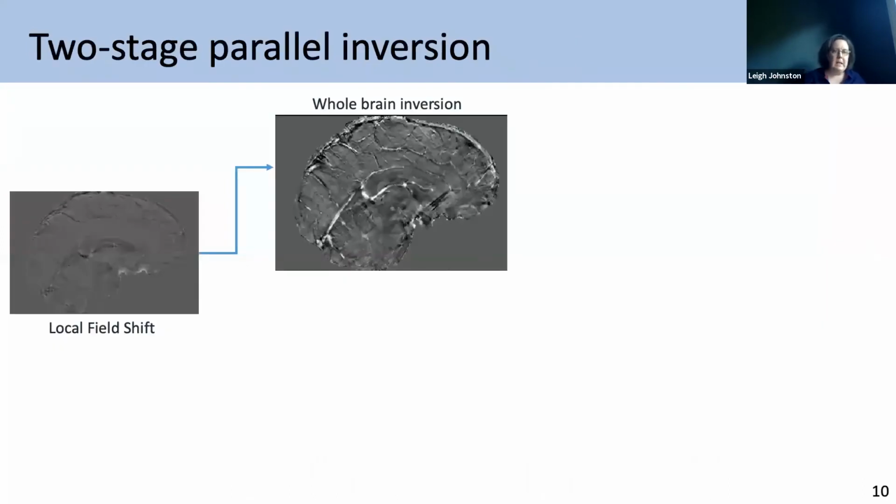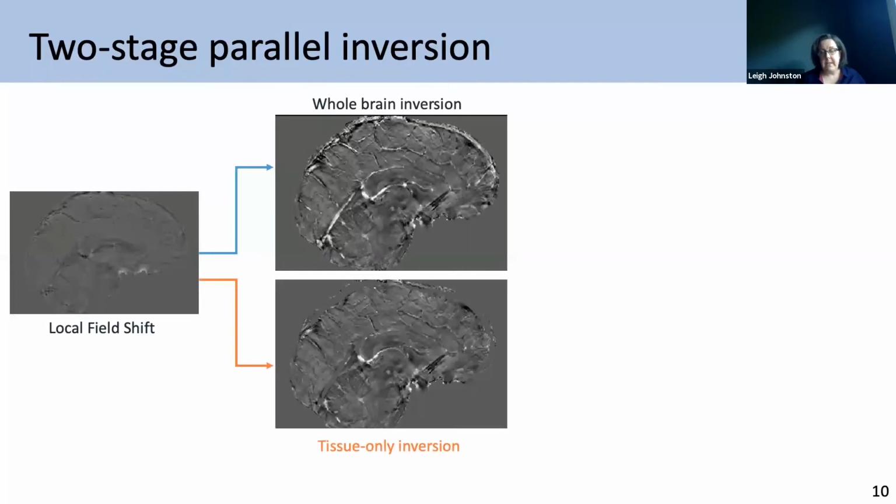Okay, so we clean up essentially our phase images to get nice, what we call local field shifts. We've removed these clouds and we're exposing the details underneath. And we get rid of the high susceptibility sources that way, and we do an inversion to find the chi map. But at the same time, we do a whole brain inversion.